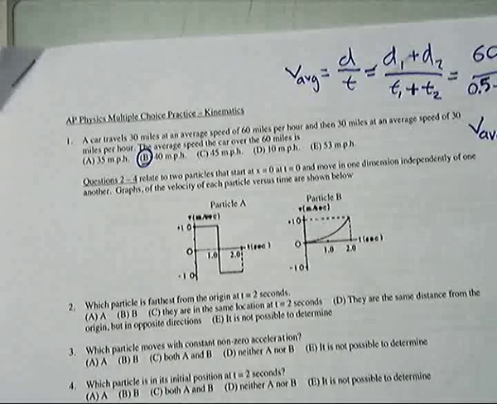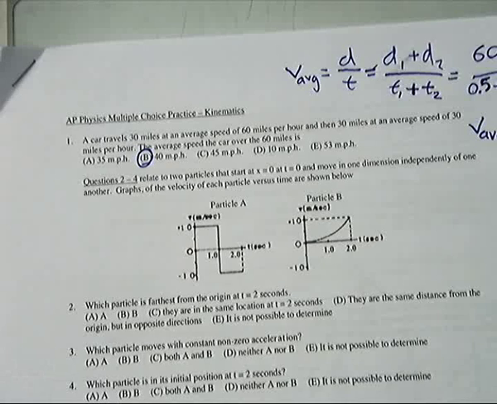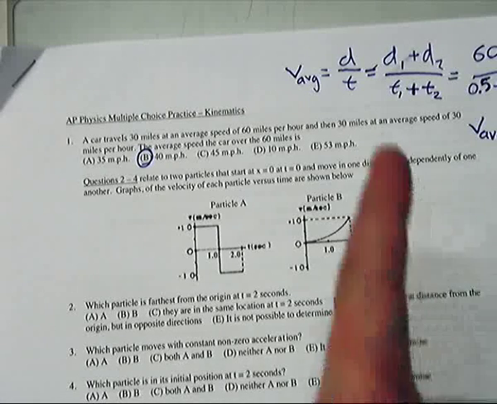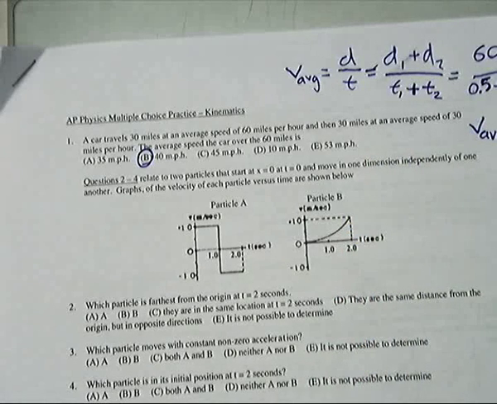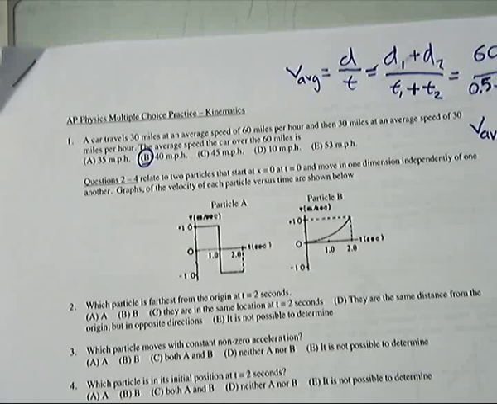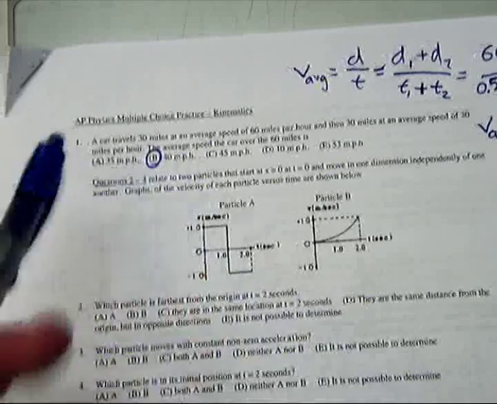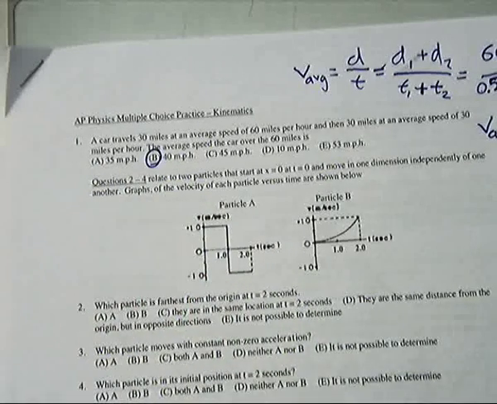And if it's going the same distance, it would take longer to go the same distance at the slower speed. It spends more time traveling at the slower velocity. So if you're taking the average of the entire trip, obviously your average is going to be closer to the lower velocity. It's not going to be smack in the middle.